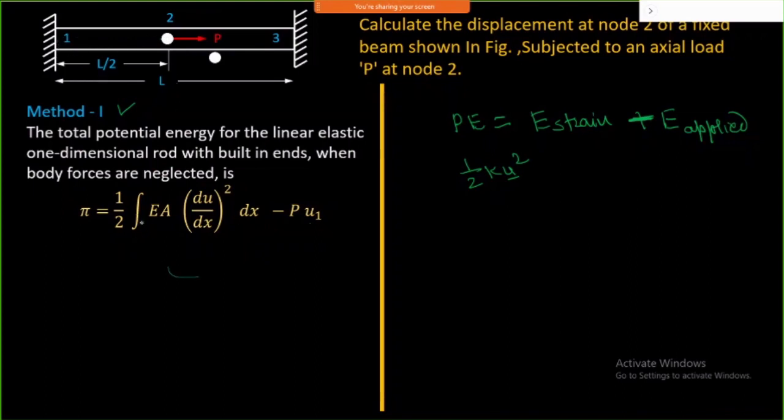That is why we are taking an integral of it, and we are formulating this equation. So EA by L becomes my stiffness term, and here I am taking the displacement out. That is the strain square, which is what we are doing here.